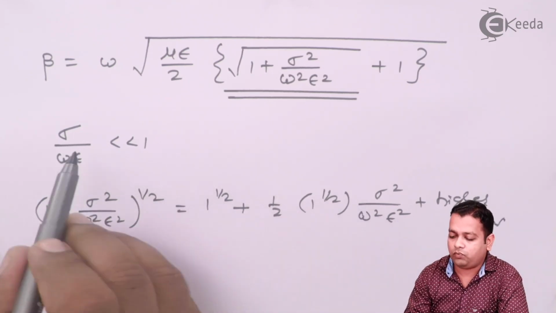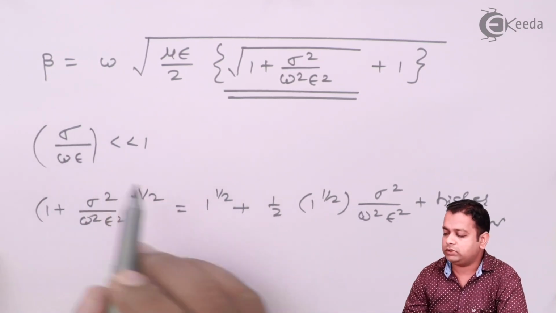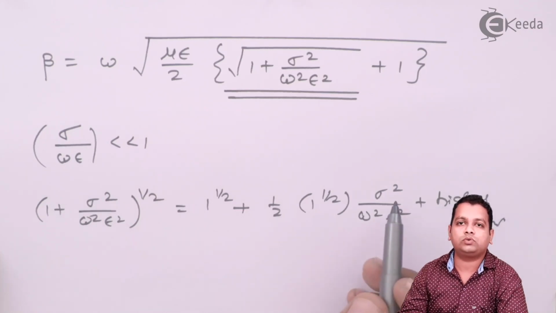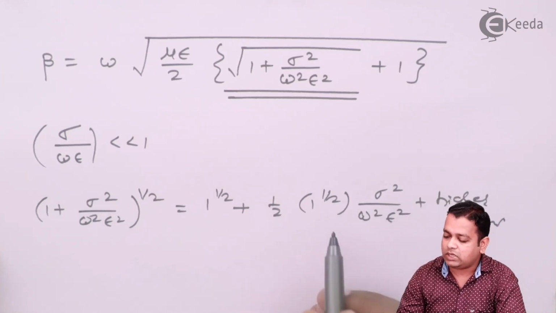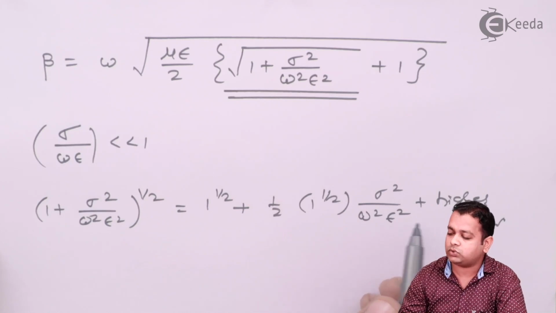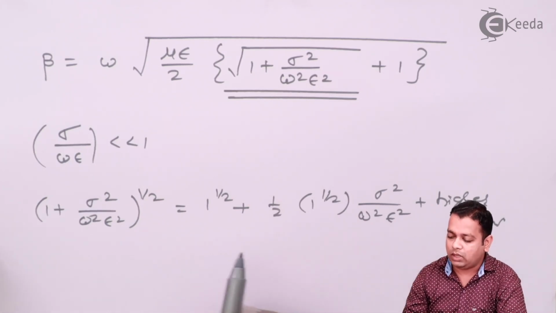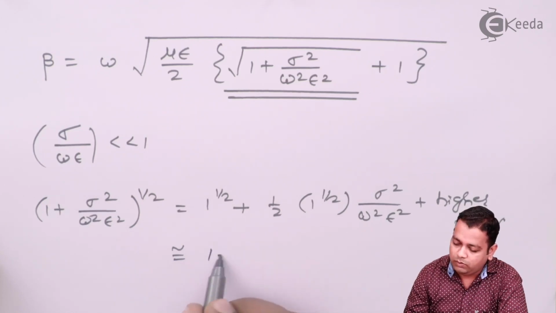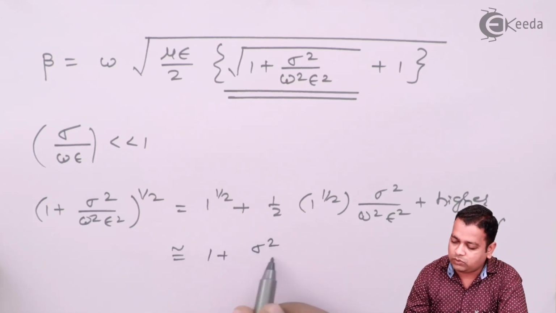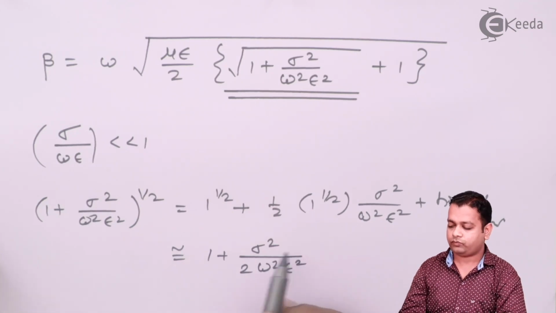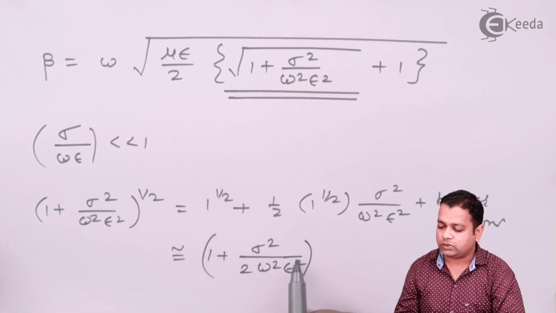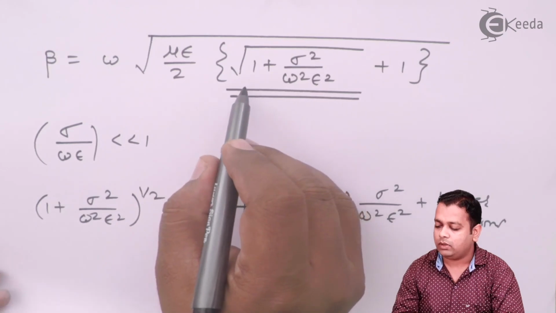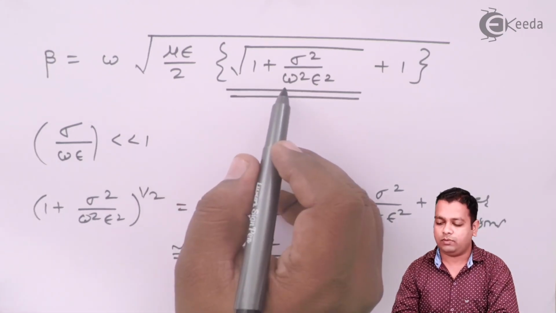Now we know that a value very much less than 1, if squared and taken to the powers of 3, 4 and so on, gives much smaller magnitudes for the higher order terms. Therefore, we approximate this to 1 plus sigma square upon twice omega square epsilon square. We are going to substitute this in the first term of this particular curly bracket.